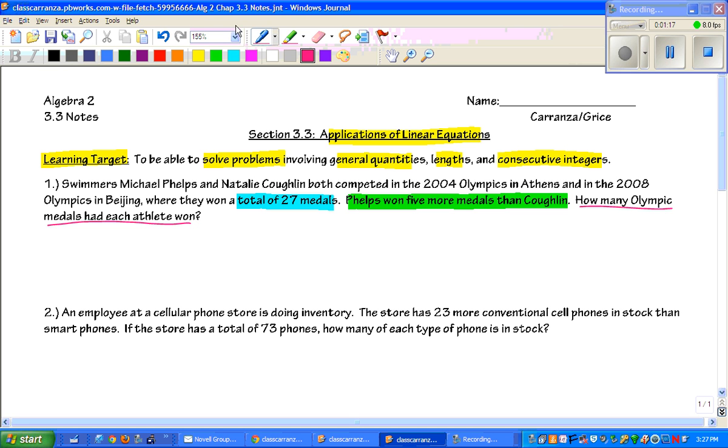When we're doing these types of problems, there are 3 steps. Step 1 is to identify the common variable and relationship.